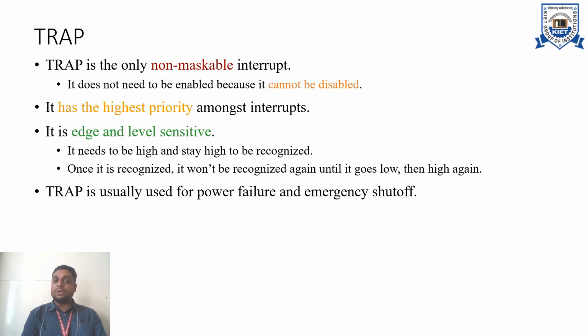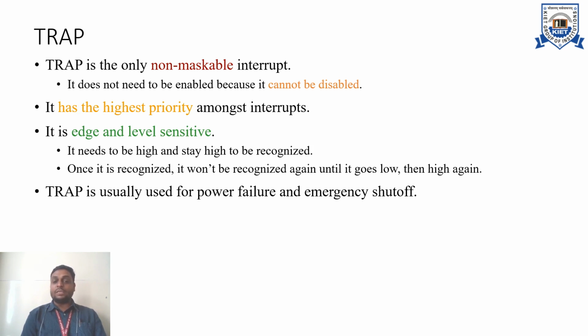Trap. Trap is the only non-maskable interrupt in the case of 8085. It cannot be disabled. It has the highest priority among the other interrupts. It is edge and level sensitive, means it needs to be high and stay high to be recognized. Once it is recognized, it won't be recognized again until it goes low, then high again.